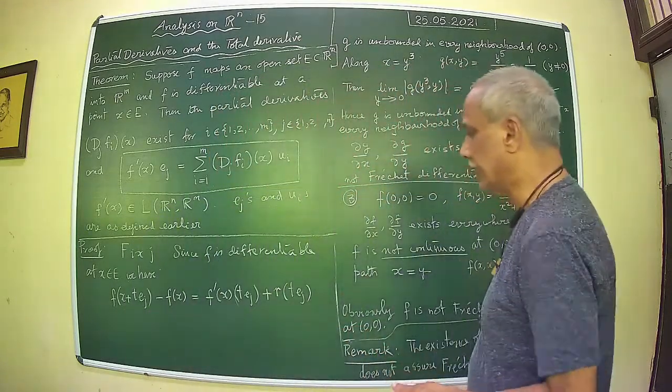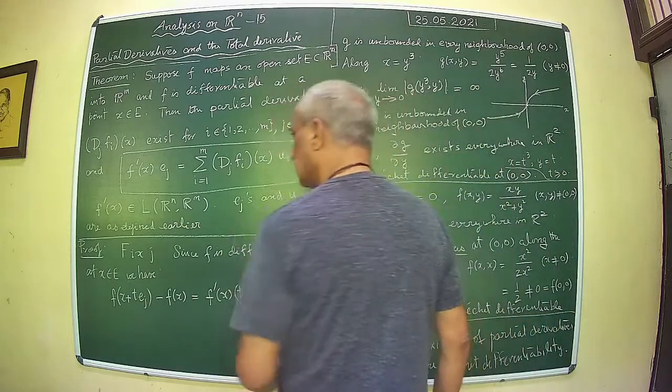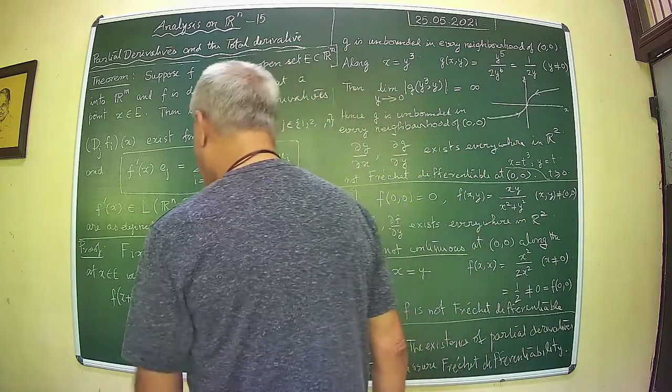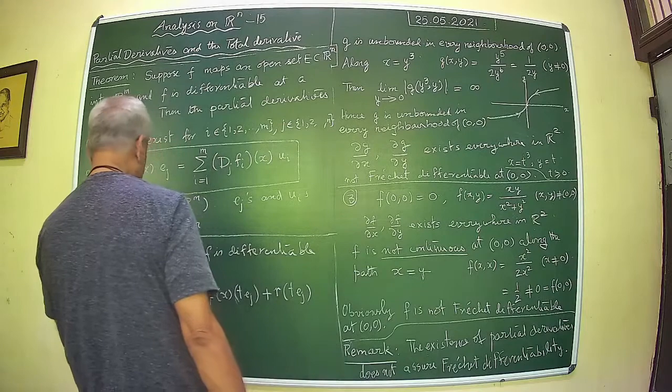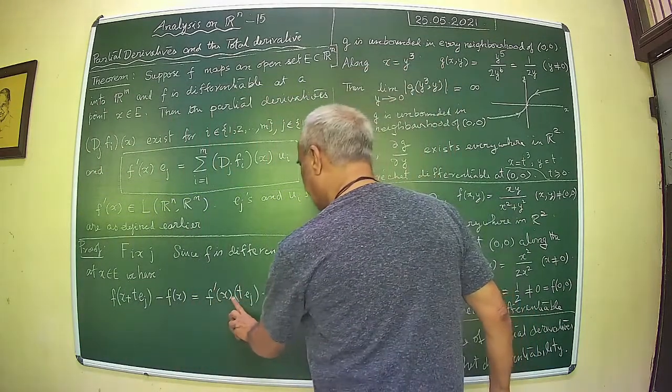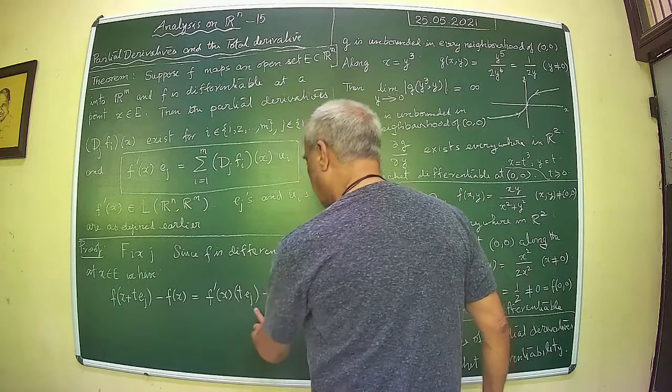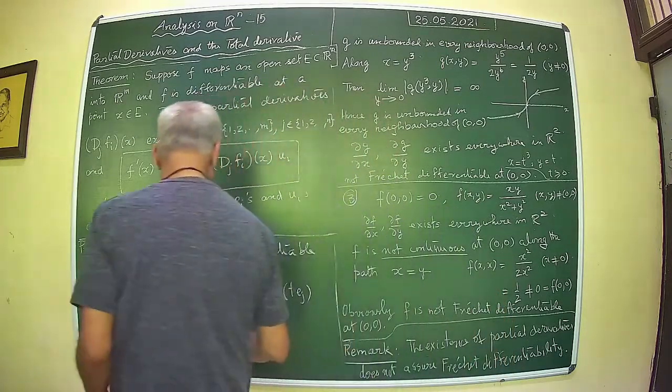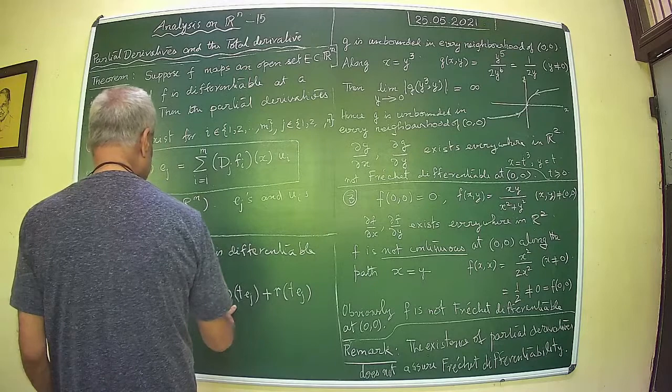Now you see that they are all vectors in R^m, because f is a map from R^n to R^m. So this is f dash acting over this. Now you see that this is a linear transformation.